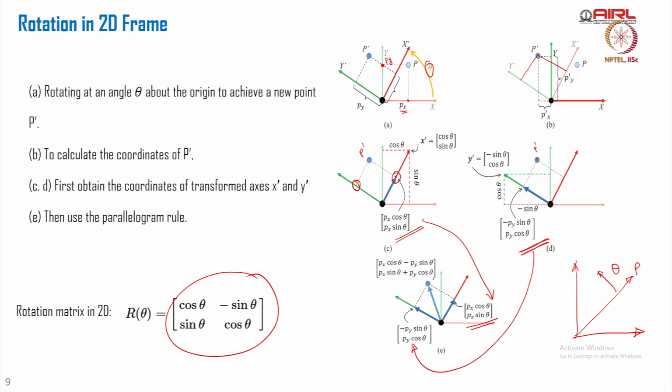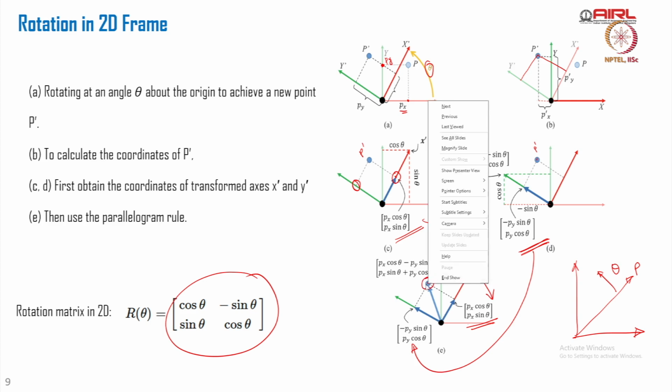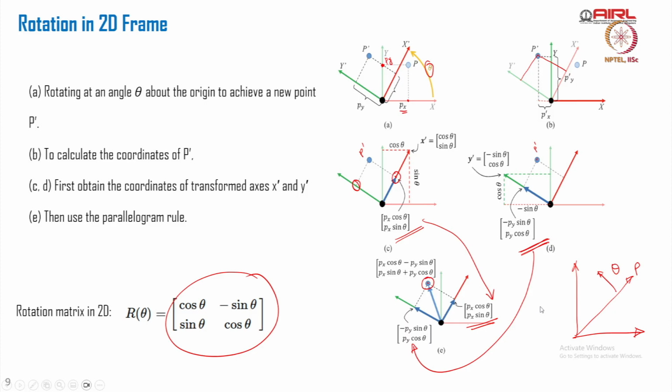we take into account, then the new vector is something like this, which we get as P hat, and we can see that the rotation matrix in 2D becomes cos theta, minus sin theta, sin theta, cos theta.